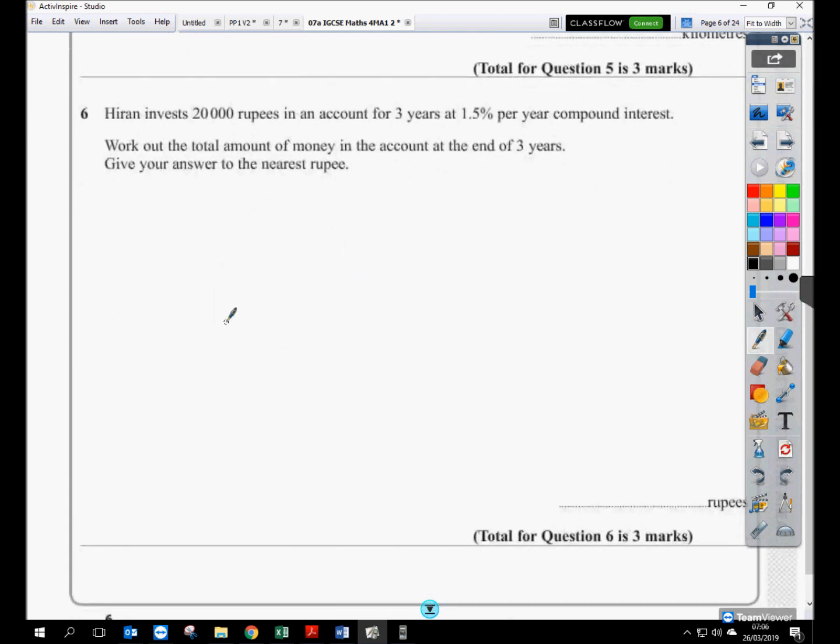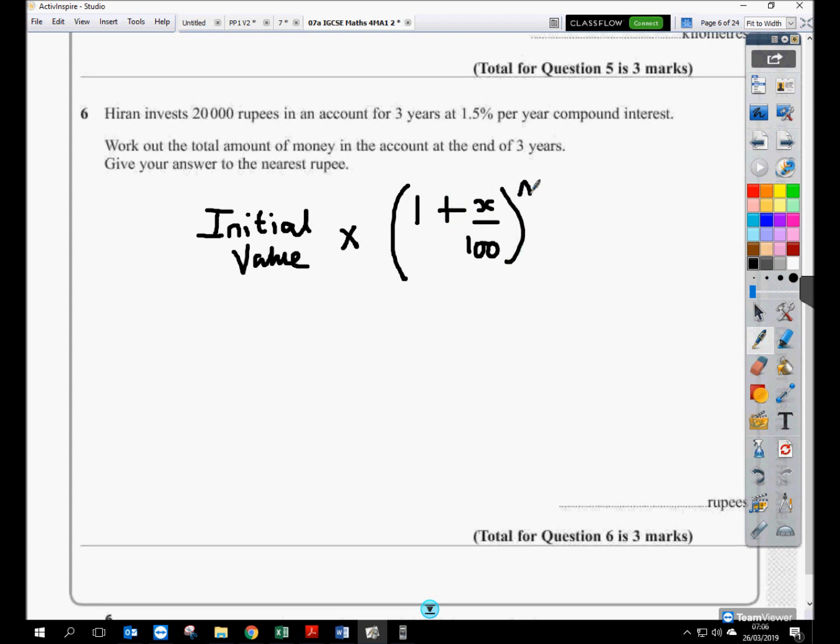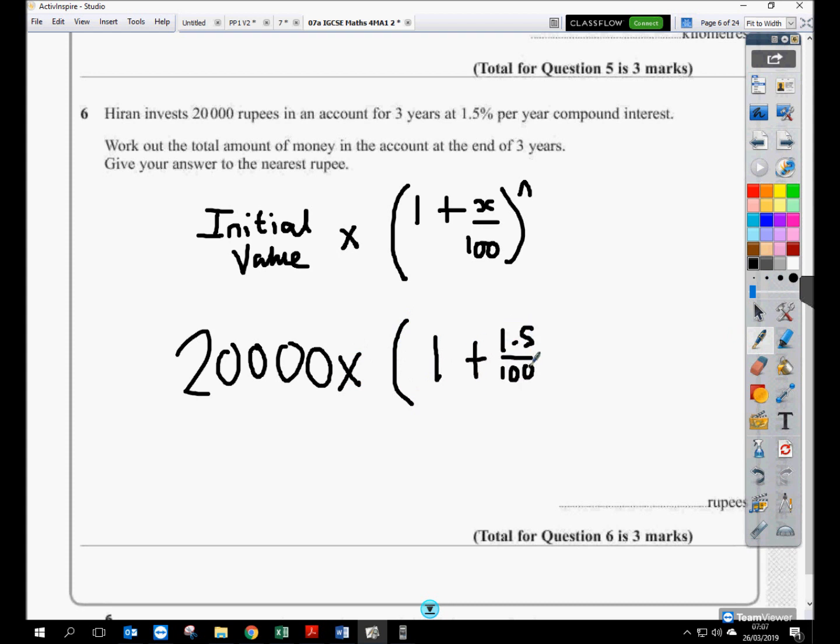Next question. So compound interest, there's a formula for compound interest. You have your initial value multiplied by the multiplier. The multiplier is 1 plus x over 100 to the power of the number of years. So she has 20,000 rupees. The interest rate is 1.5%, so it's 1 plus 1.5 over 100.